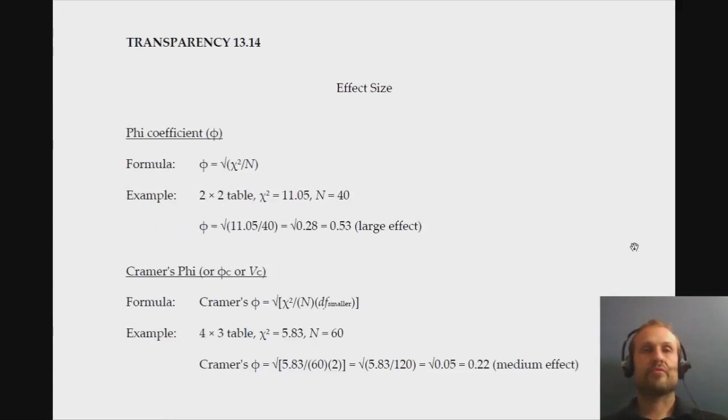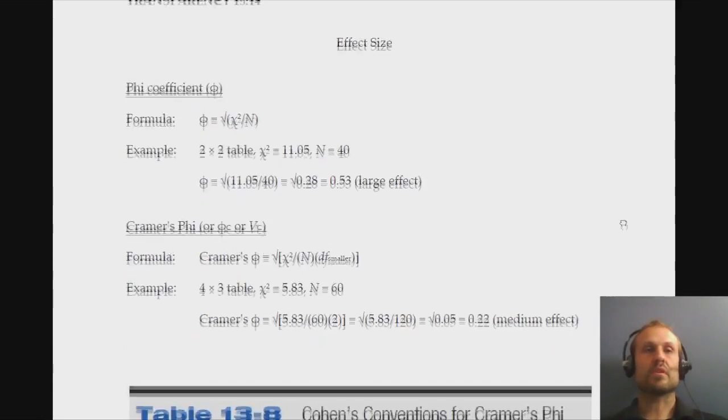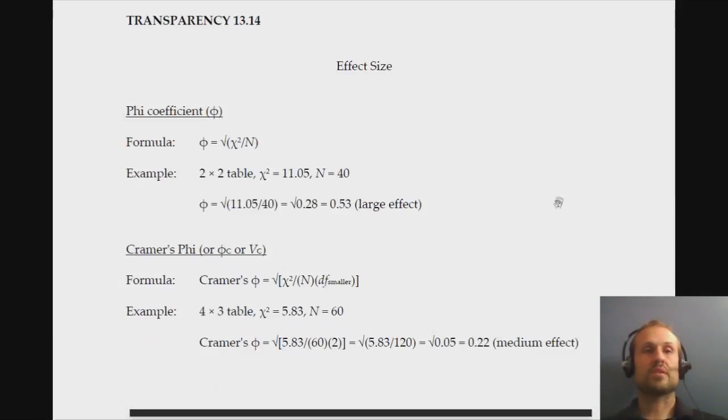Lastly, we have to talk about effect size. Now, the effect size for the chi-squared test for a 2x2 table is the phi coefficient, calculated like this: my chi-square statistic divided by the sample size.